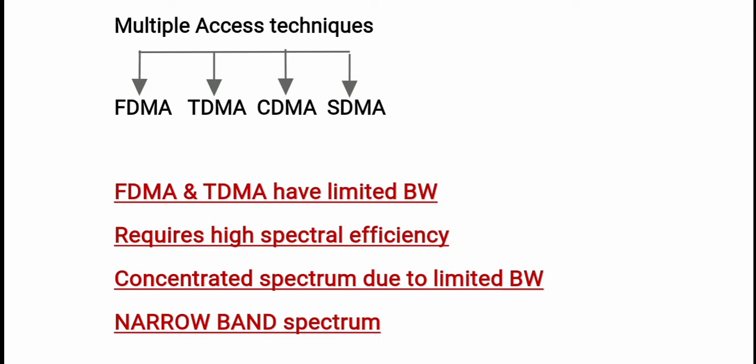TDMA and FDMA use narrowband spectrum, whereas spread spectrum is used in the CDMA technique. So, to overcome the disadvantages of TDMA and FDMA, we move over to CDMA by using spread spectrum.